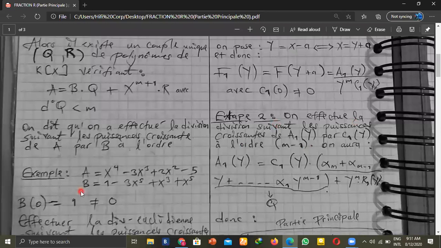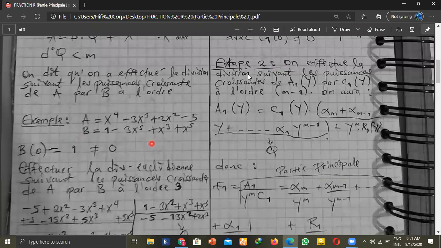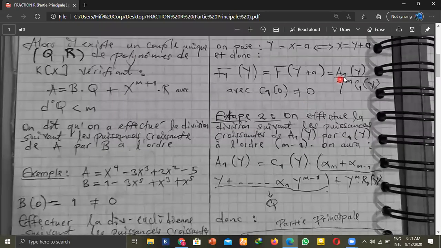What we did here, after we've come up with that, we're going to do now the division suivant les puissances croissantes. We're going to do a division of A(y) with our C1(y). The racine which we are finding, we're not going to do any division of it.